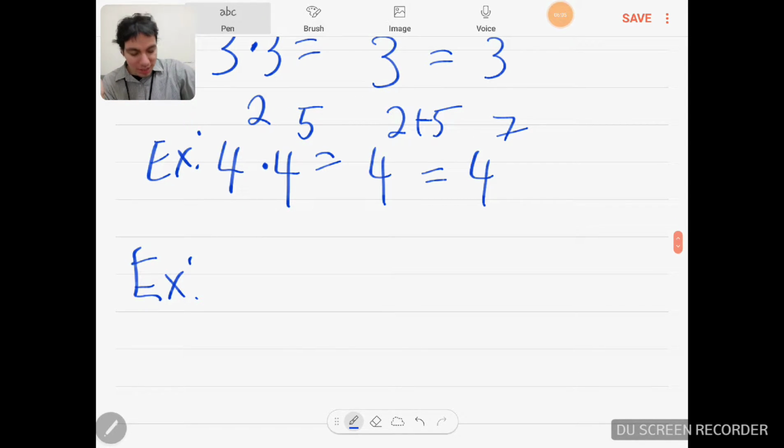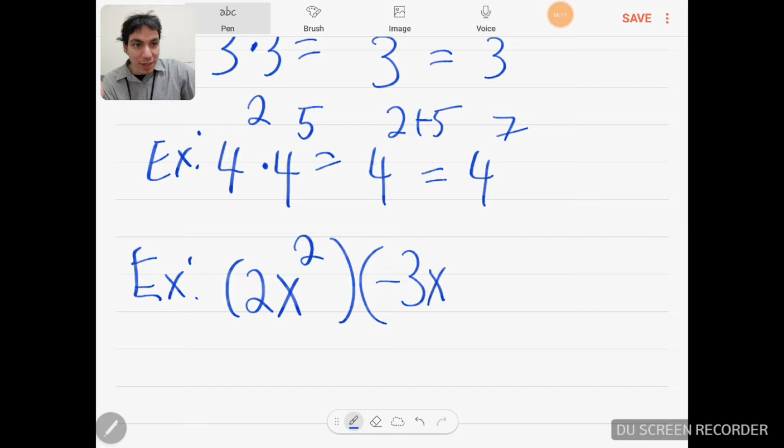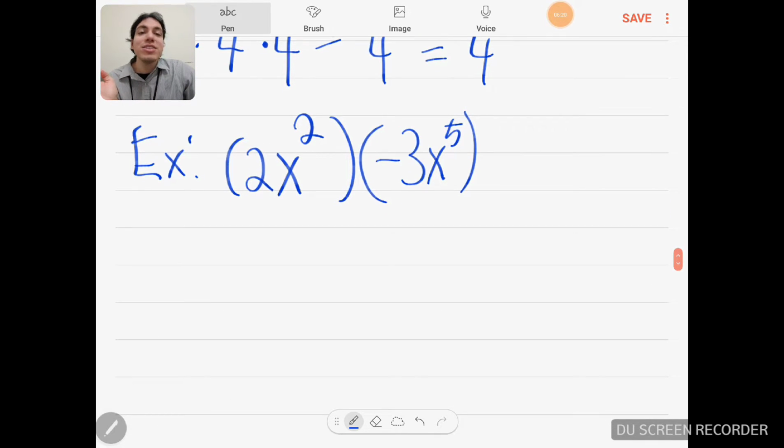What happens in this example? 2x to the 2nd times negative 3x to the 5th. I know what you're saying: I just threw in a variable and now you're going crazy. Don't do that. Let's do the numbers first and then the exponents. Let's do the sign first. Positive times negative is negative. 2 times 3 is 6.